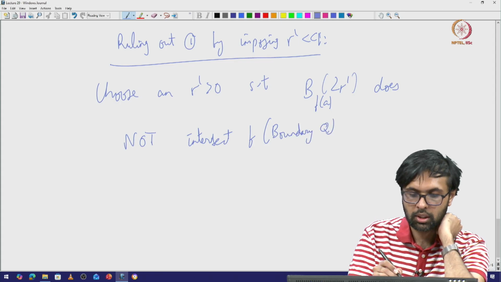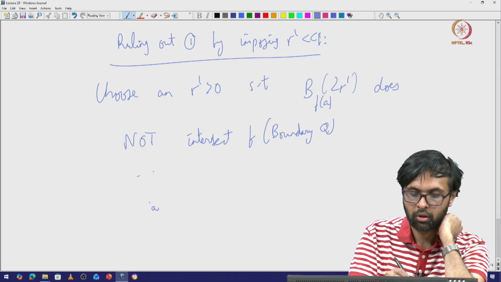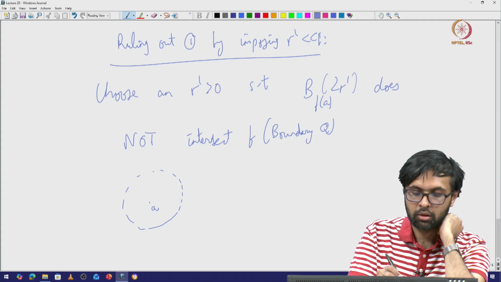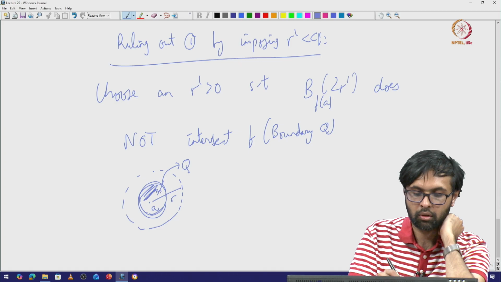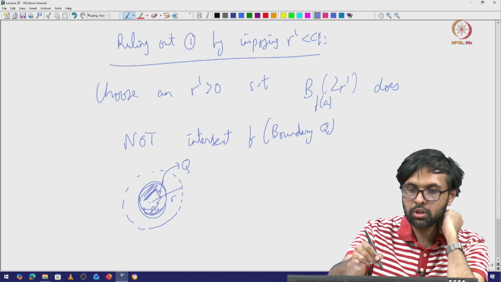Okay, so this needs a picture, right? This is A, this is R, actually this is Q, right? What's the boundary of Q?